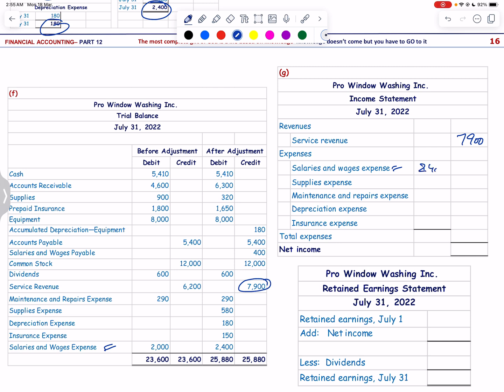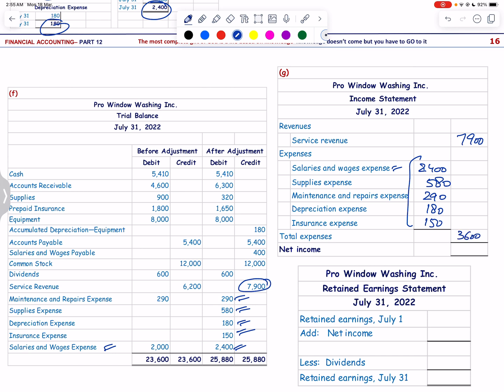Then we have maintenance and repair 290. Then we have depreciation expense 180. We have insurance expense 150. We have no other expense other than these, and the total of these expenses is 3,600, and the net income will be total revenue minus total expense, that is 4,300.